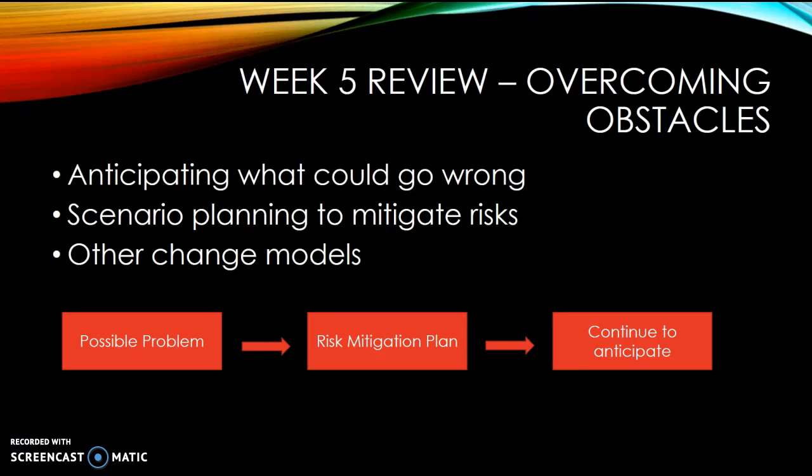If I were to rewrite the Kotter book, I would actually have put this more up front in the process, because you want to do this scenario planning early on and not when you're in the midst of that change. So you look at the possible problems, you put together plans to mitigate those problems, and then you continue to anticipate problems as you go through the process.